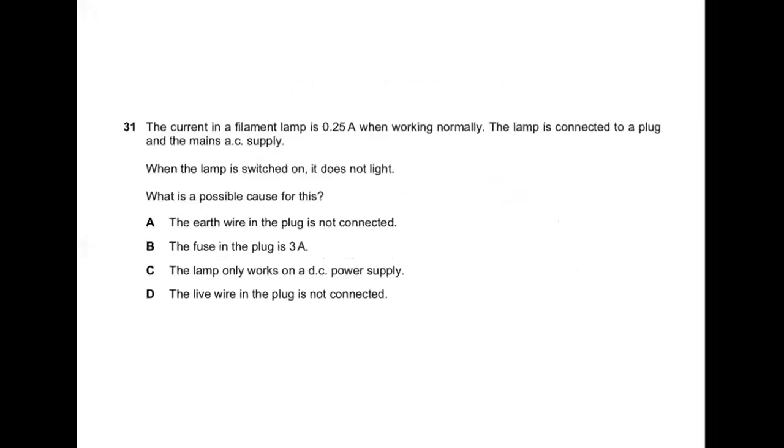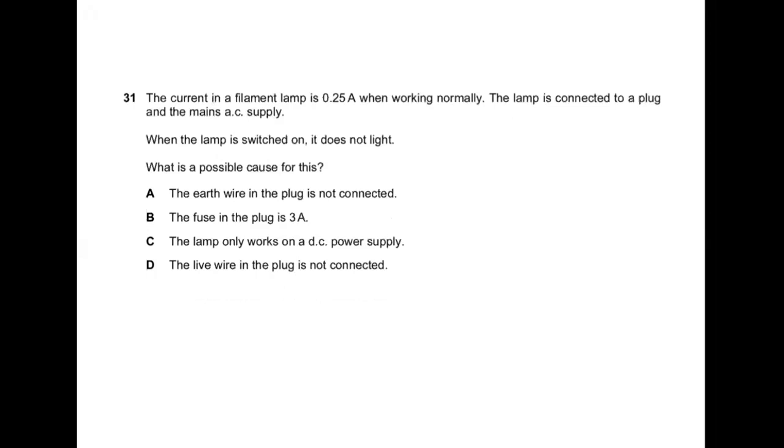Next question. The current in a filament lamp is 0.25 ampere when working normally. The lamp is connected to a plug and the mains AC supply. When the lamp is switched on, it does not light. What is the possible cause for this? The first option says the earth wire in the plug is not connected.